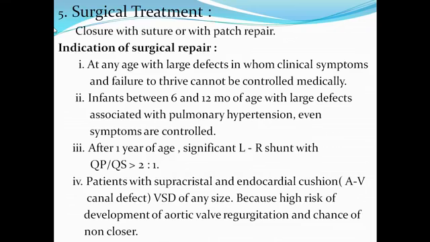And patients with supracristal and endocardial cushion defect of any size, this type of VSD, always should be treated by surgical repair because there is a high risk of development of aortic valve regurgitation and chance of non-closure.